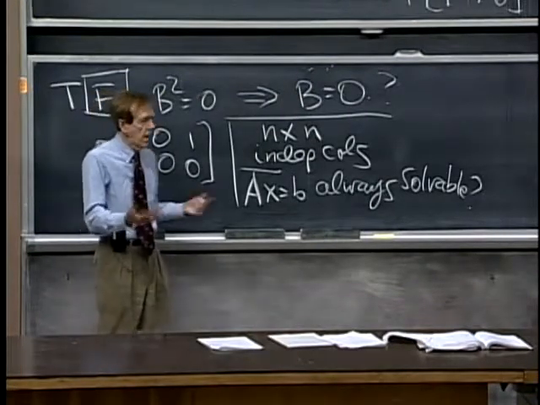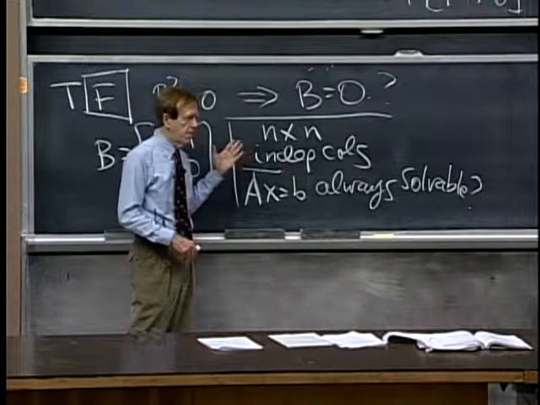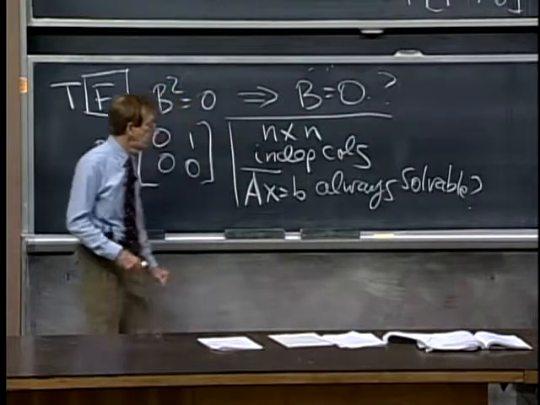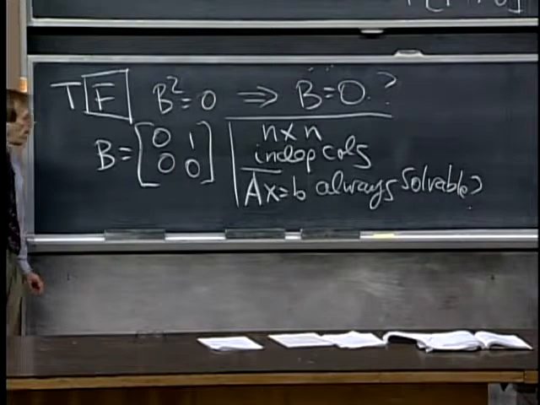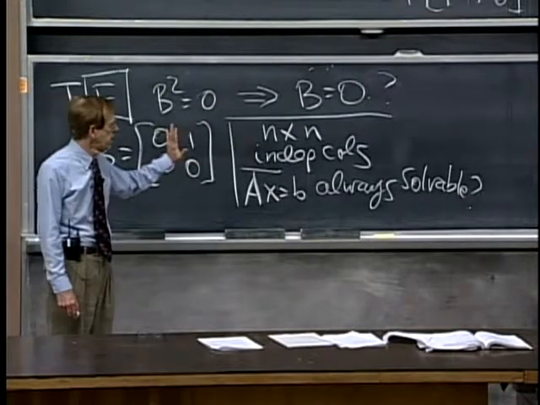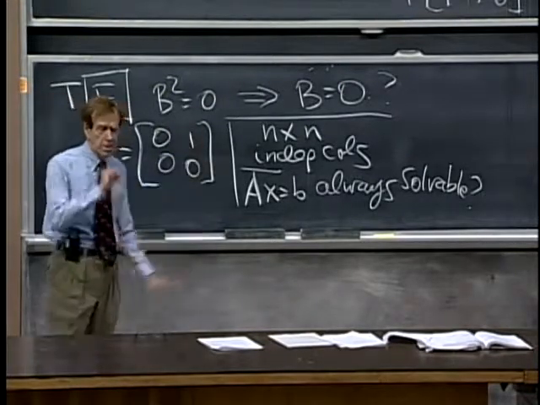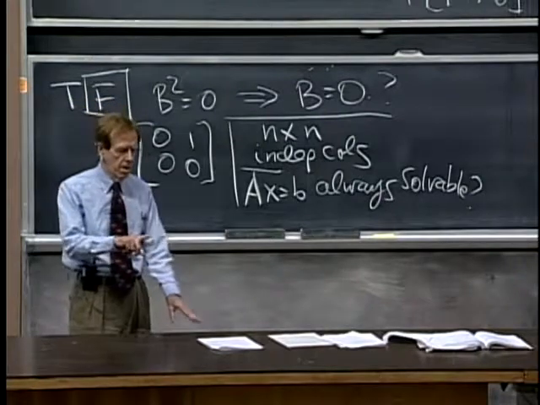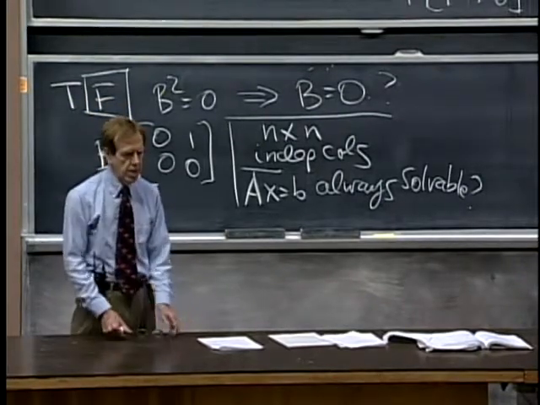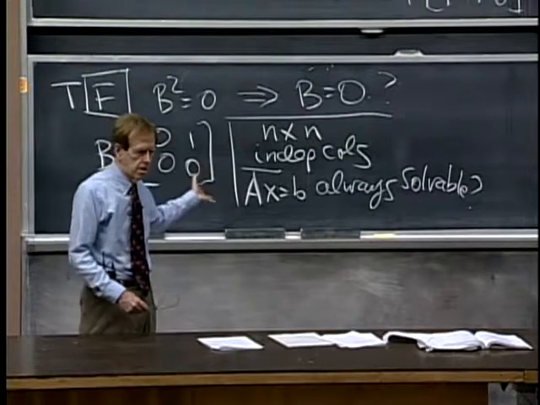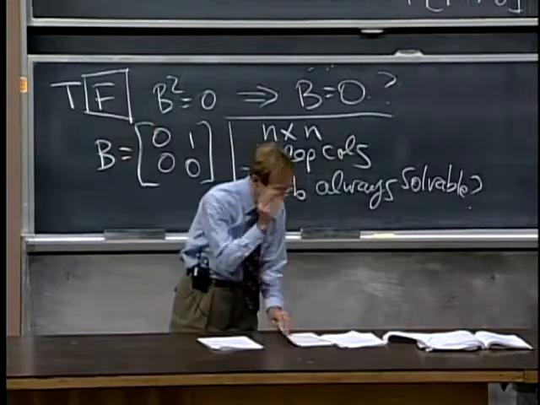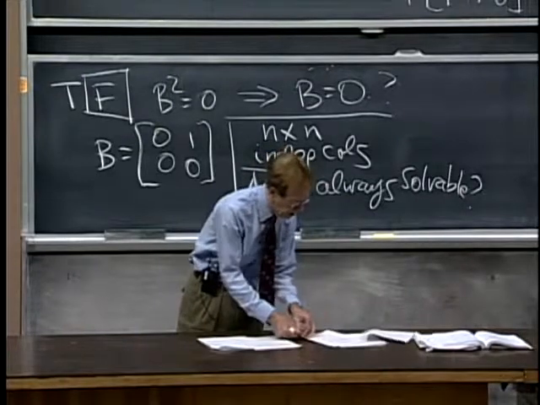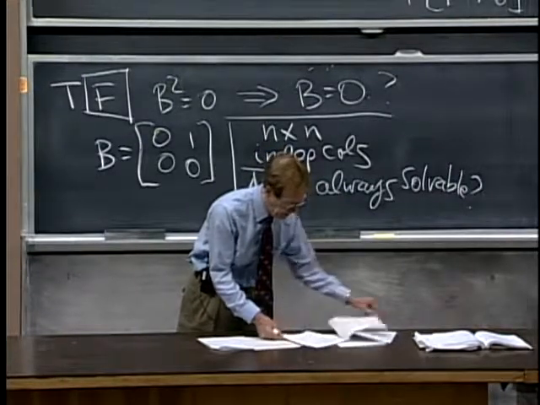I have a matrix of rank n. It's square, so it's an invertible matrix, and nothing could go wrong. So that's the good case that we always expected in chapter 2, but of course in chapter 3 that's only one of the possibilities.